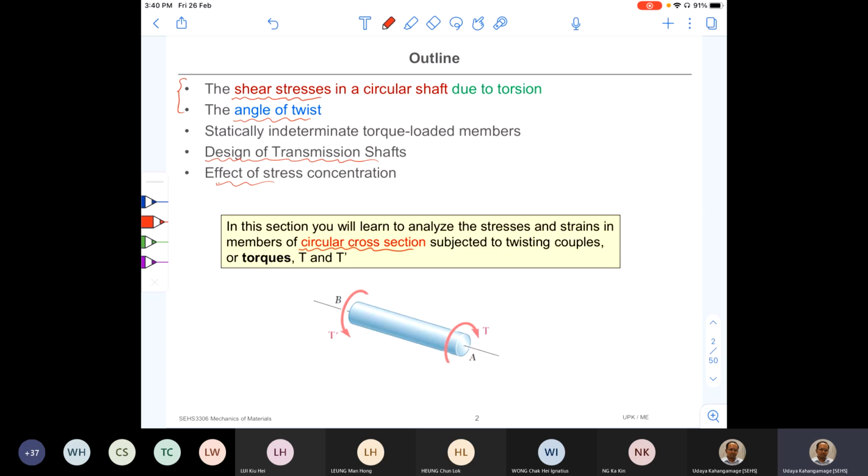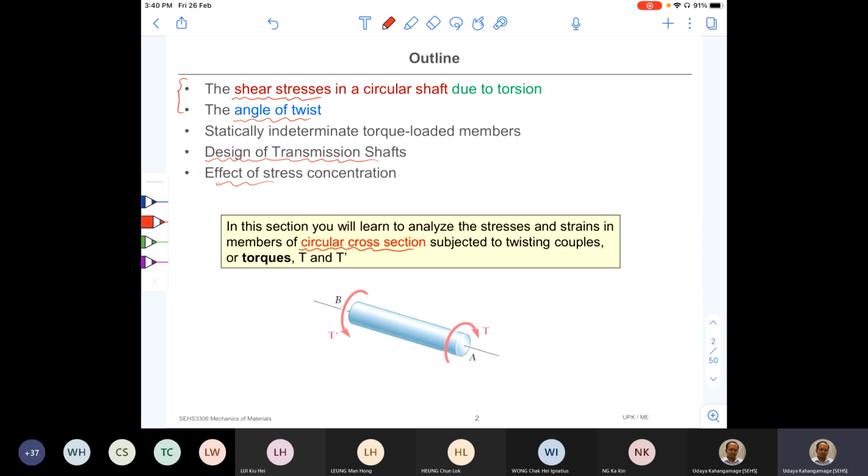If you use any other shape, then we need to use more material to resist the same load. So the circular section is the optimized section, the best section to resist torsion, meaning that using less material, we can support larger twisting moment.